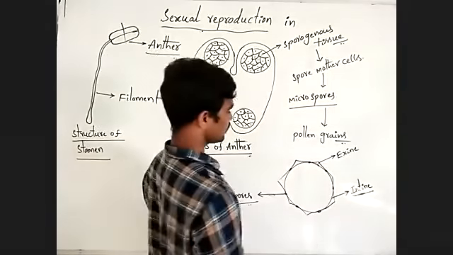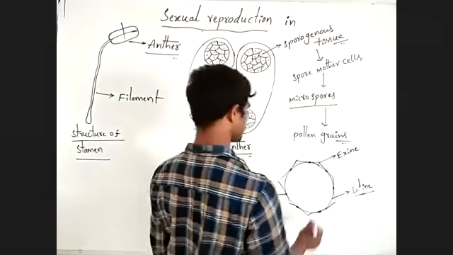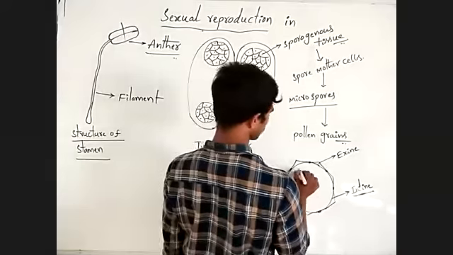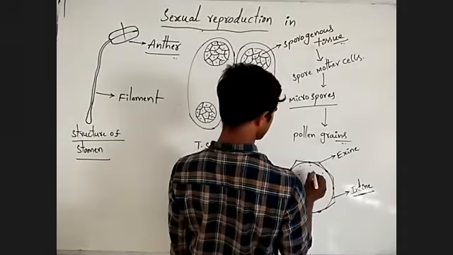Okay. Here, inside the pollen grain, two cells are present. One is the largest cell.